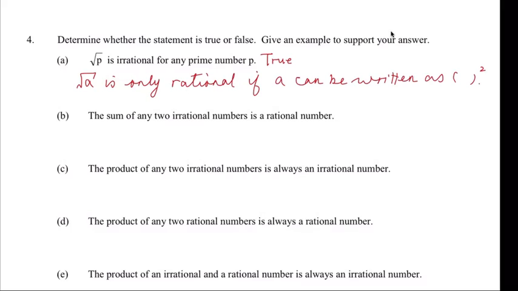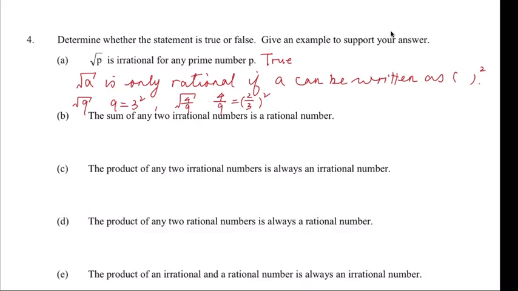So for example, square root of 9 is rational because 9 can be written as 3 square. For example, square root of 4 over 9 is rational because 4 over 9 can be written as 2 over 3 square, etc., right?